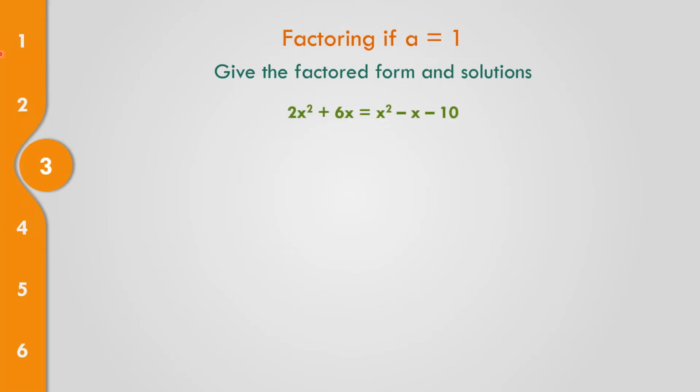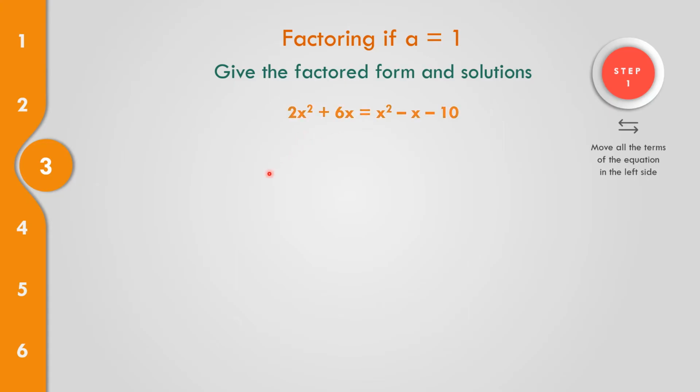Let us solve example number 3. 2x squared plus 6x is equal to x squared minus x minus 10. First step, move all the terms of the equation to the left side. So it means we need to move x squared, negative x, and then negative 10. If we want to move that to the left side, we need to change the sign. And then 2x squared and 6x, copy.